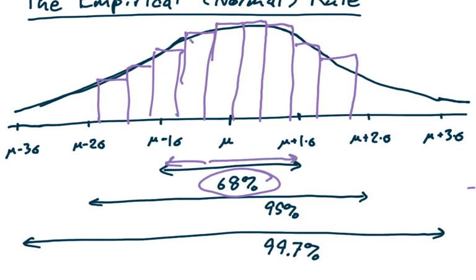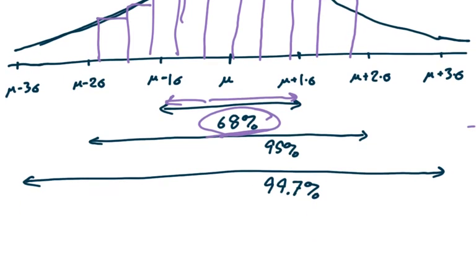Notice we can't even plug in k equals 1 into Chebyshev's theorem. So this is already saying a lot more than what Chebyshev's theorem says. Chebyshev's theorem applies to any data distribution, whereas this one has to be more concentrated in the center. If that is the case, at least 68% will fall within one standard deviation.